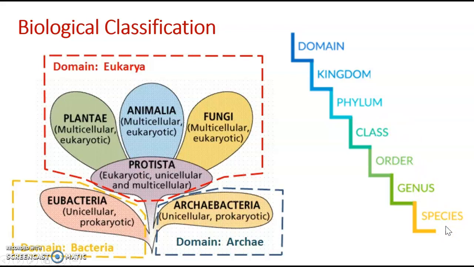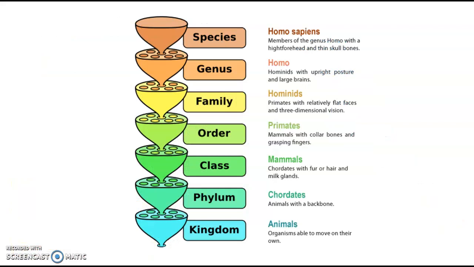So let's look at humans. We just saw that we are in domain eukarya, and we are in kingdom Animalia, so we are animals. Phylum Chordata, we're chordates, animals with a backbone. Class Mammalia, we are mammals, we have fur and mammary glands.